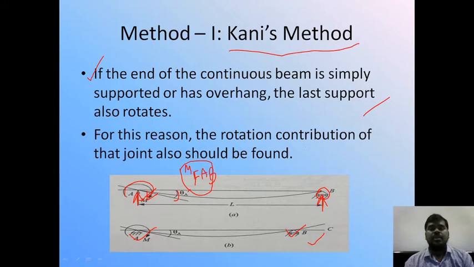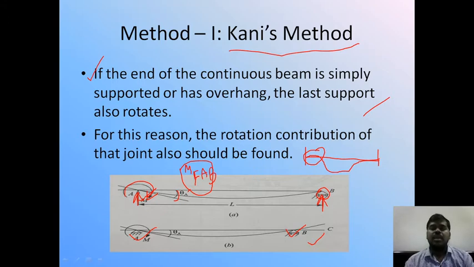Let me show what happens if it is fixed, with a diagram. Suppose this is a beam. If it is bending, the diagram will be something like this. That means up to this portion there is no slope.